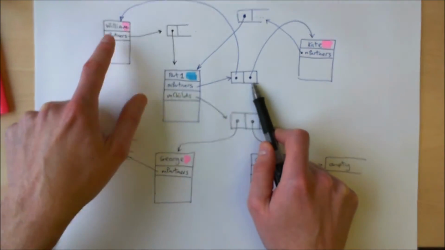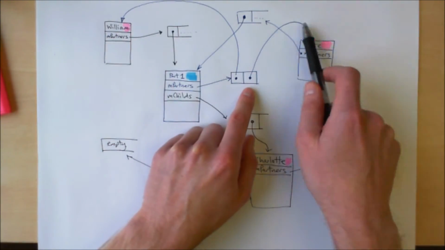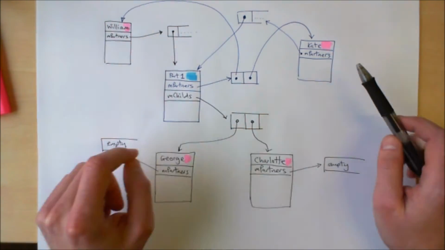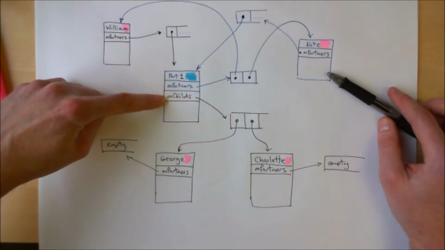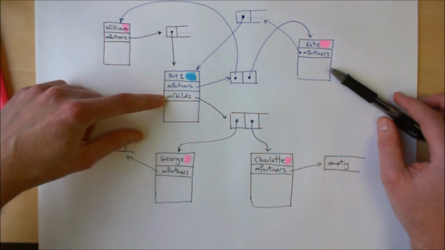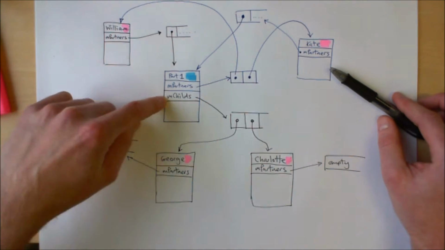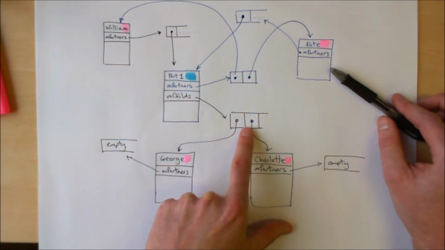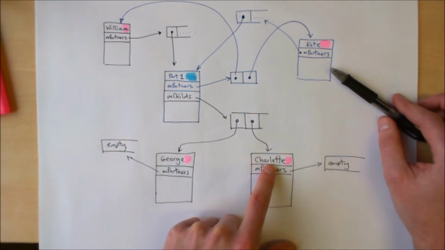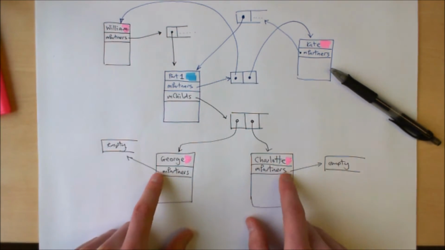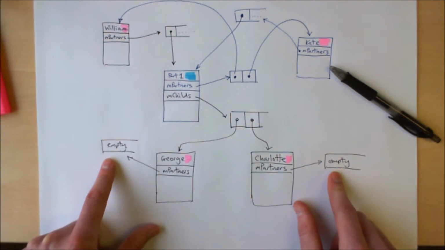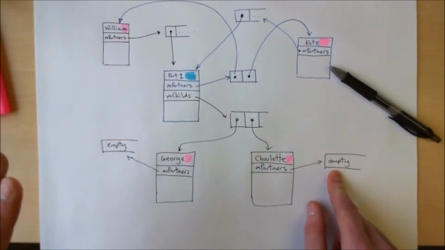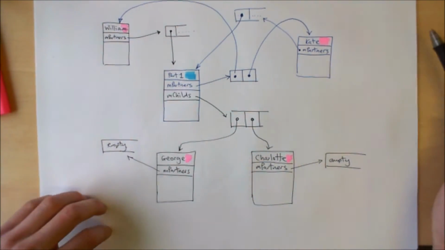So we have a link back to William, the original, and a link to Kate, who is the other partner in that relationship. This partnership also has an array of child person objects, and in this case it has two of them. One is George and the other is Charlotte, both person objects. They both have partnership arrays, but they are both empty because they don't have any partners, because they are tiny children.